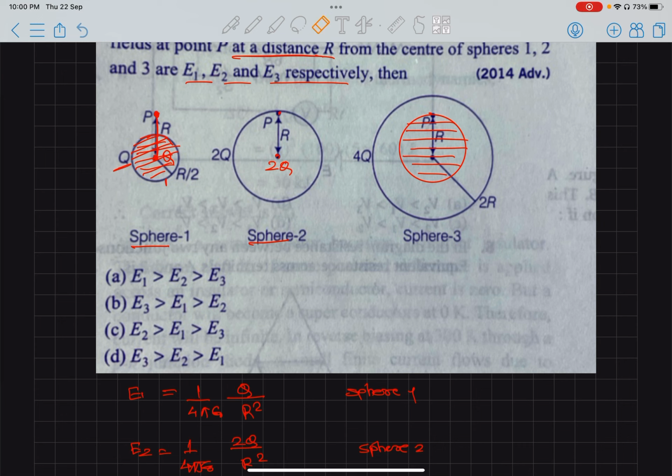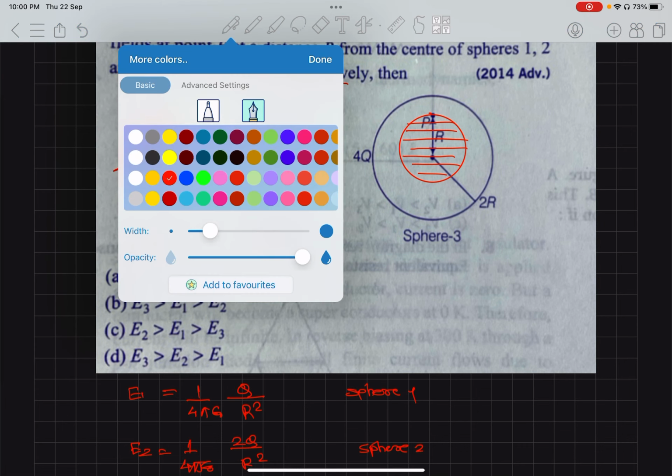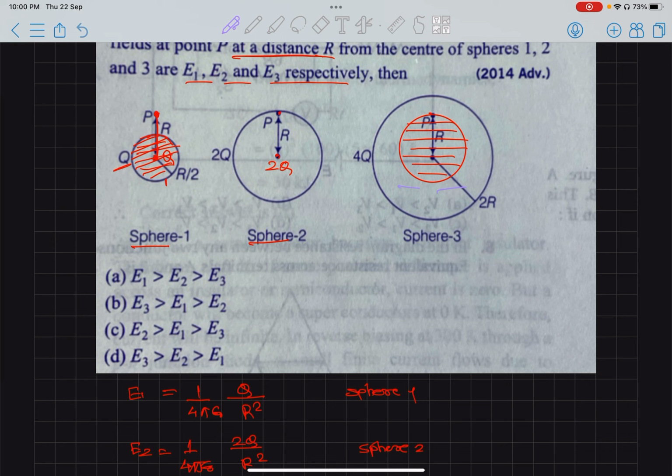The outside distribution of the charge won't affect the electric field at this point P. The electric field at point P will be only because of the charge distributed inside the imaginary sphere through point P, having the same center.